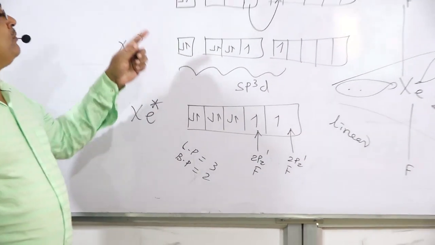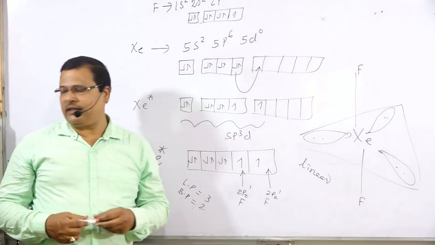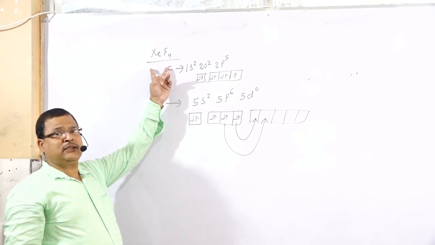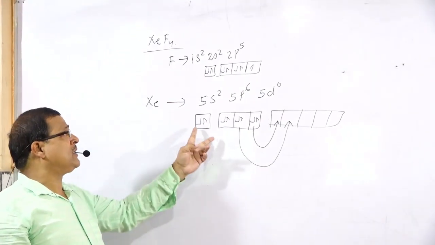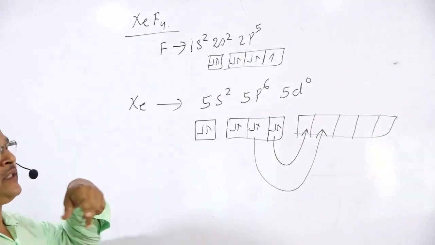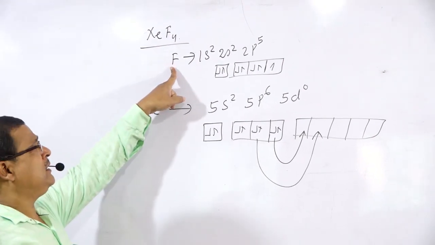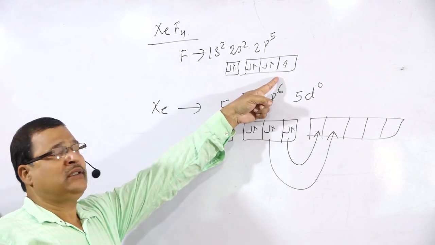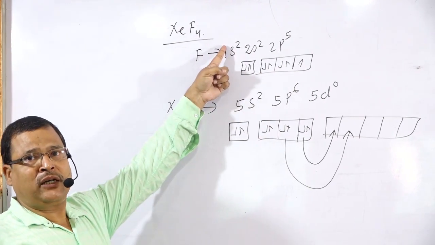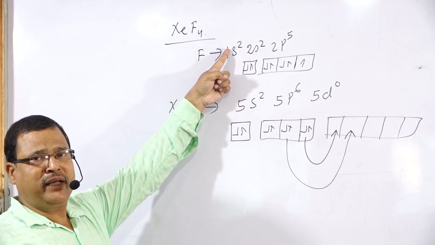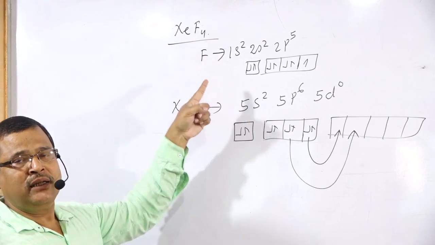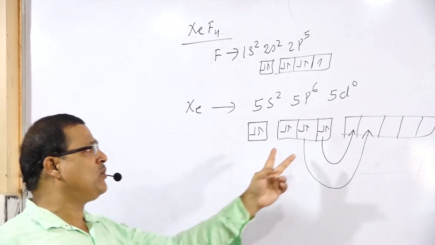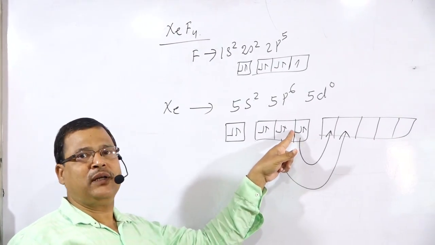Next we have to go for xenon tetrafluoride. Regarding the structure of xenon tetrafluoride, how it is formed, what the hybridization is, and what the structure is. Fluorine, same as before, has 1 unpaired electron, so it can form 1 bond; with 4 fluorine atoms, 4 bonds. So the xenon atom must have 4 unpaired electrons by the promotion of 2 electrons.